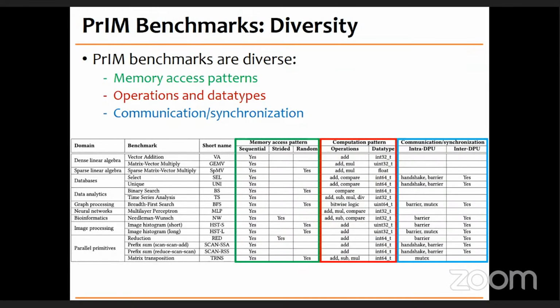Go ahead. Yes, you can use the microphone. Is it purely incidental that all the workloads ended up being compute bound on the CPU? On what? That they ended up being compute bound on UPMEM. So they're memory bound on CPU. Yes. But it looked like they're all compute bound on UPMEM. Was that intentional? What you're saying is true, but I haven't shown that yet.